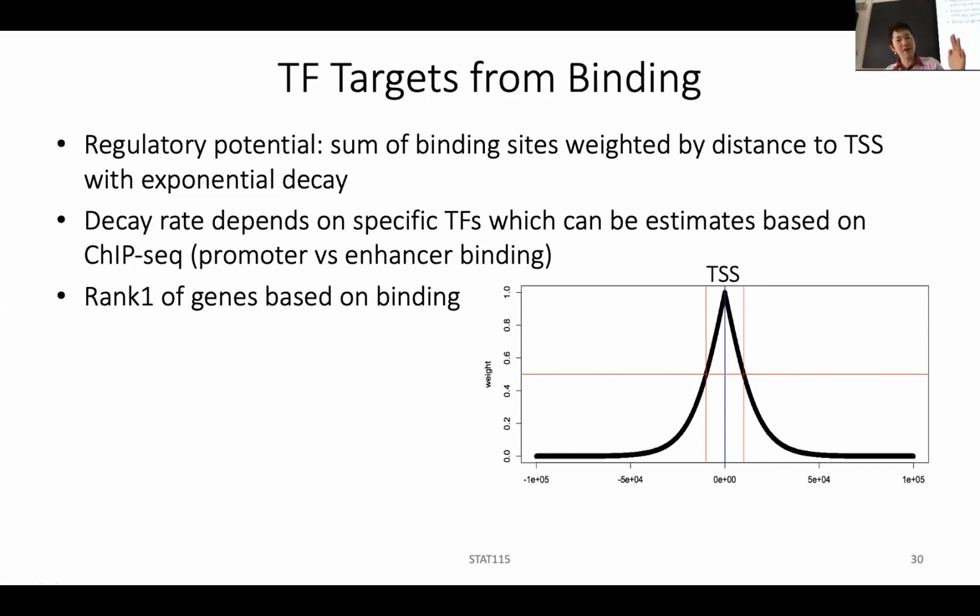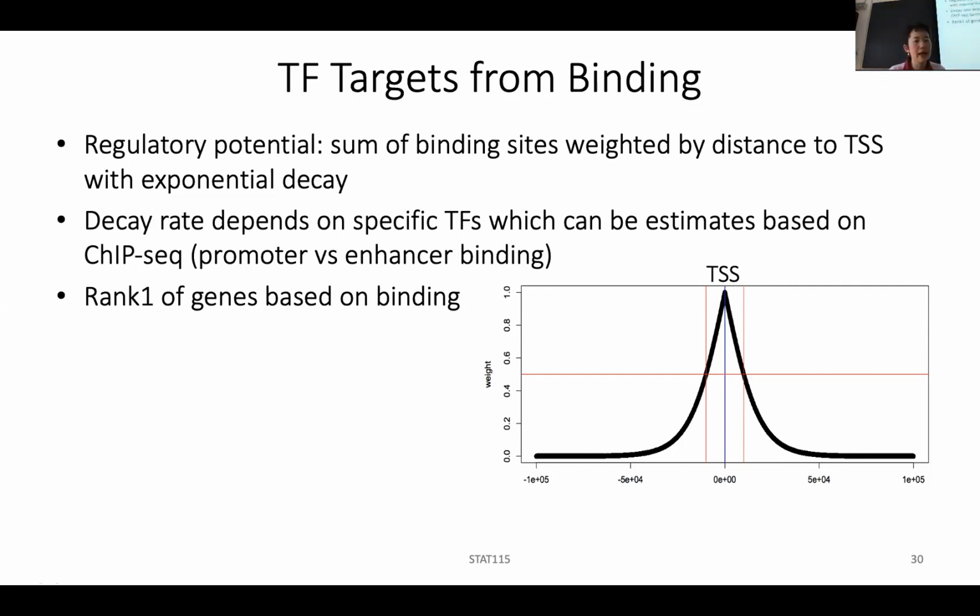And then for every additional distance, it decays even more, it's exponential. And so you can sum all the binding sites weighted by their distance with this exponential decay to say, based on the binding, how likely is this gene a target of the transcription factor you are interested in?